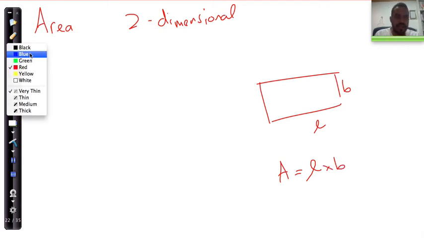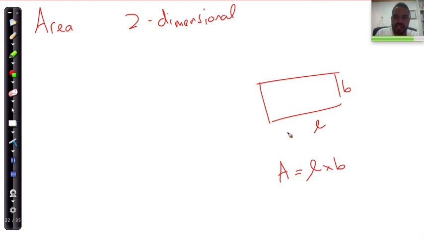If they are in the same unit, let's say this is 1 meter and this is 2 meters, then the area of this rectangle is 1 meter, and I'm sorry, my length and breadth are incorrect, in terms of the length being the longer side of the rectangle and the breadth being the shorter side. However, the concept remains the same. So it's 1 meter multiplied by 2 meters. That's going to give me 2 meters squared. So that's the first thing to note.